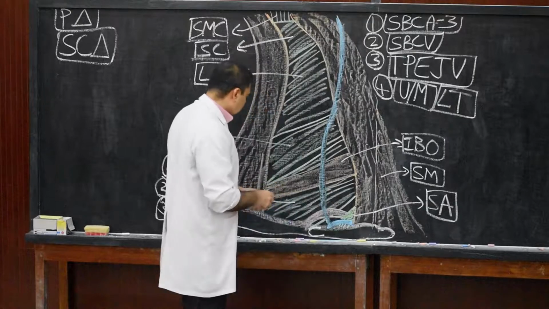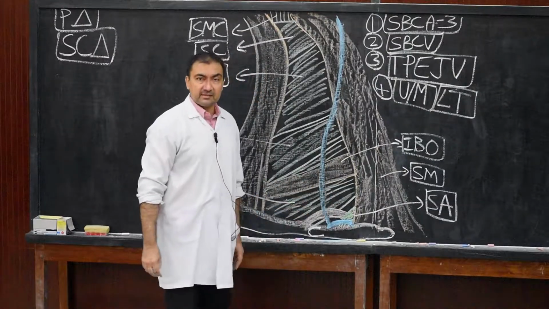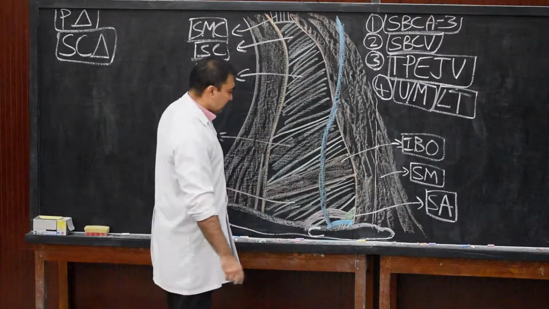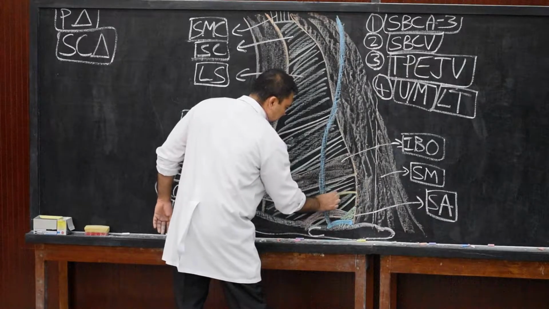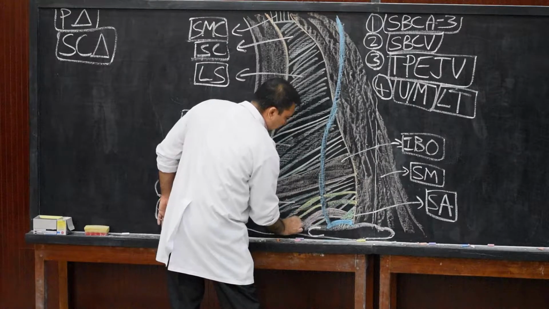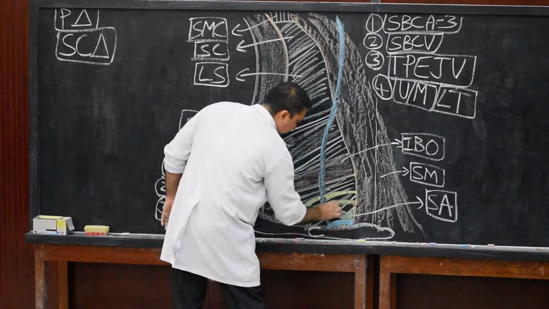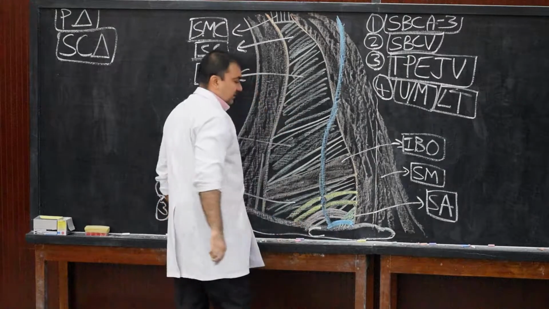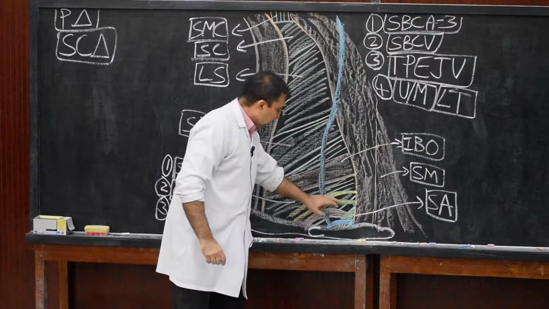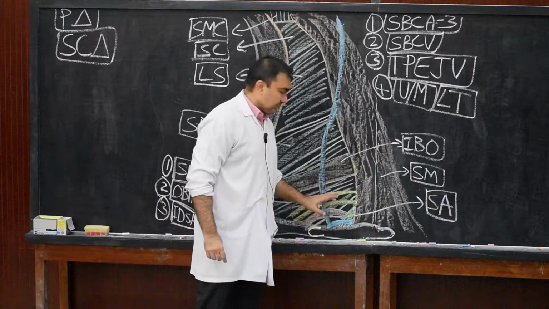That is because here we will show that the upper and middle trunk of the brachial plexus are situated above and lateral to the subclavian artery. So here I am going to show this as upper and middle trunk. These are the two trunks which are visible, above and lateral to the subclavian artery.